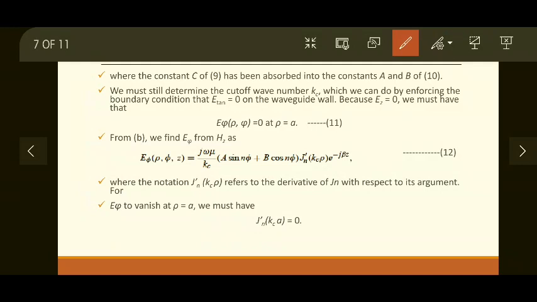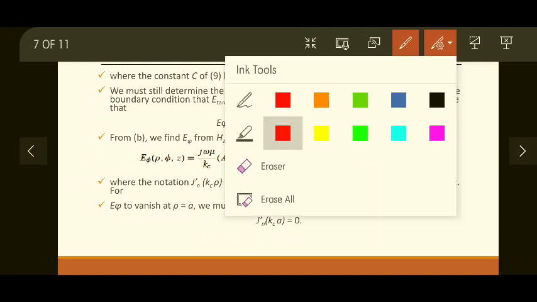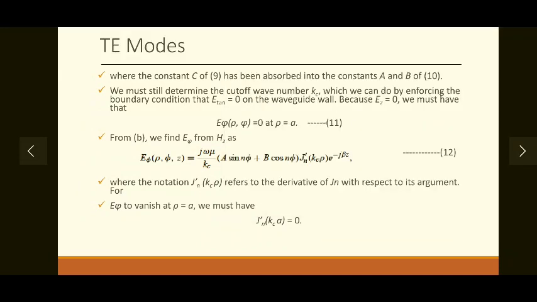So let's see that. To find that, first of all we have to consider the boundary conditions. As I said, this constant C has been absorbed into constants A and B. To determine values such as wave number, wave impedance and cutoff frequency, we have to apply the boundary conditions.